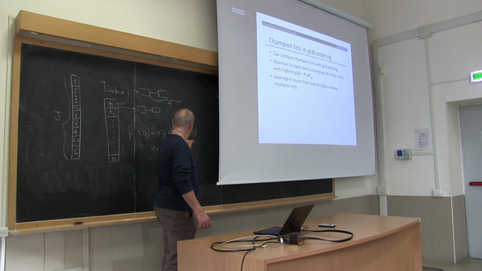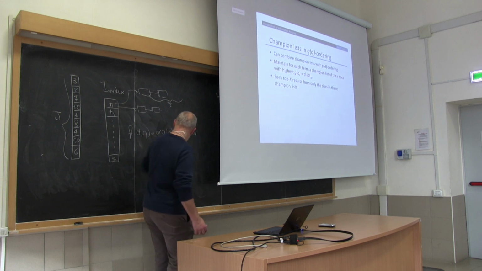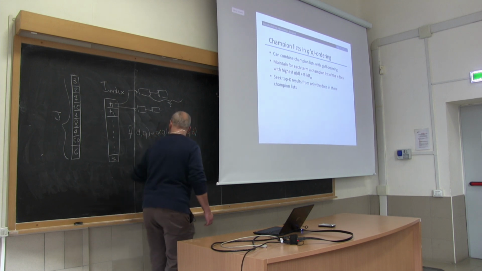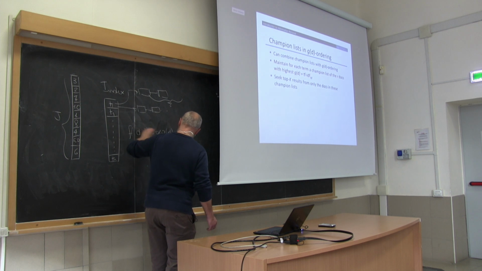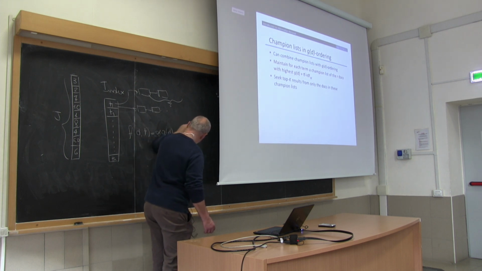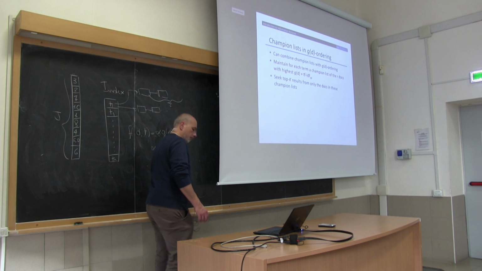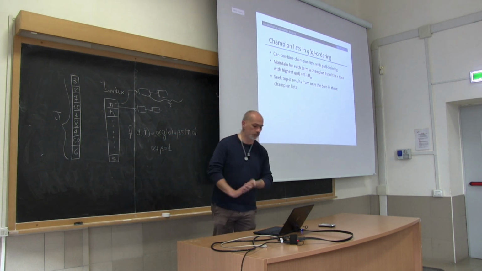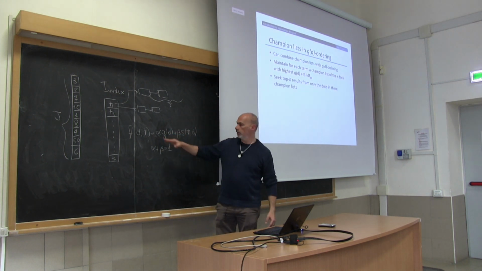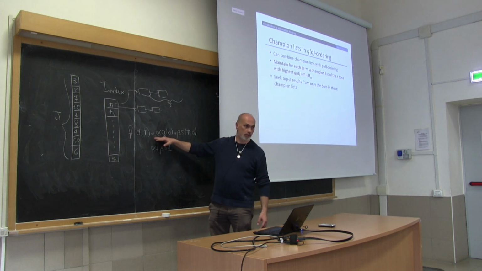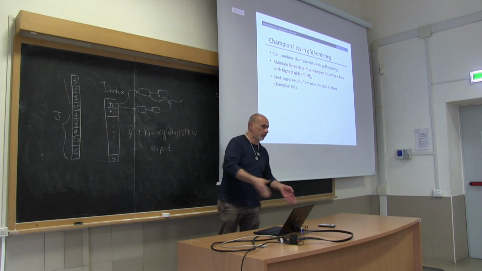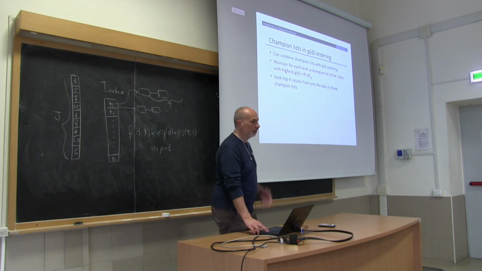Every champion list will be sorted by decreasing GD. And then you seek the top documents for only these documents in a champion list. If you don't succeed, go back to the posting list. I mean, if you don't succeed means if you get less than K documents.